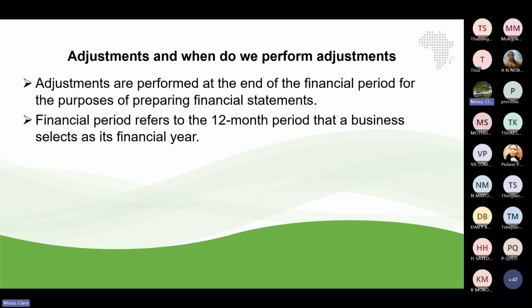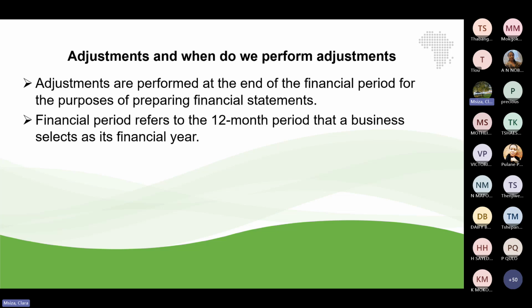For instance, one business will say its year begins on the 1st of March and ends on the 28th of February the following year. Some businesses will choose the 1st of January as the beginning of their financial year and the 31st of December as the end. Every business can select the 12 months according to its preferences.